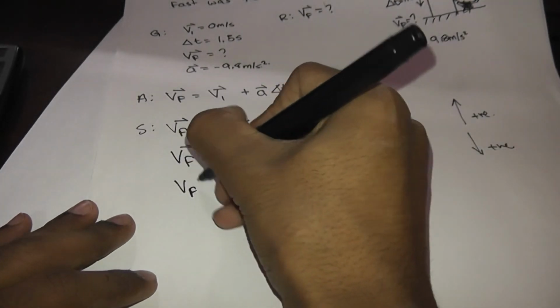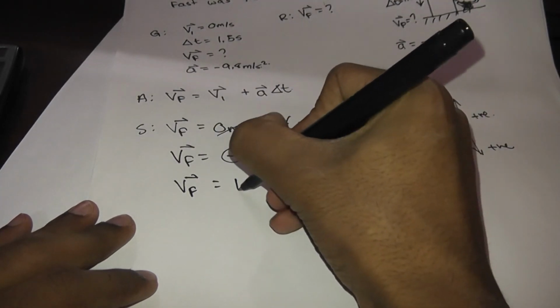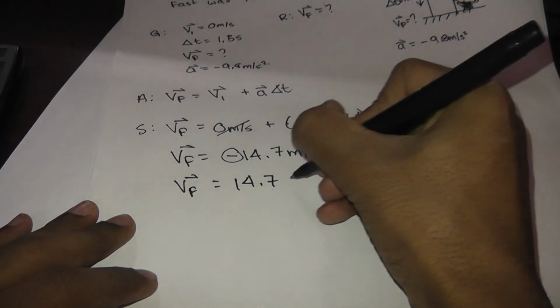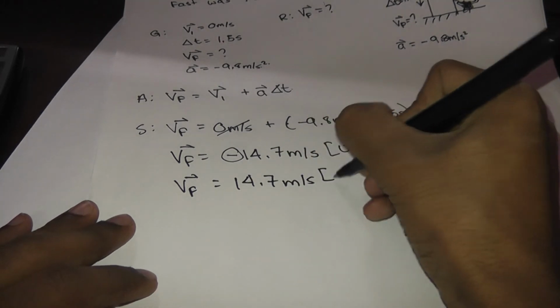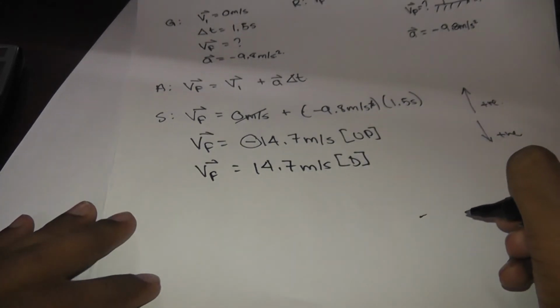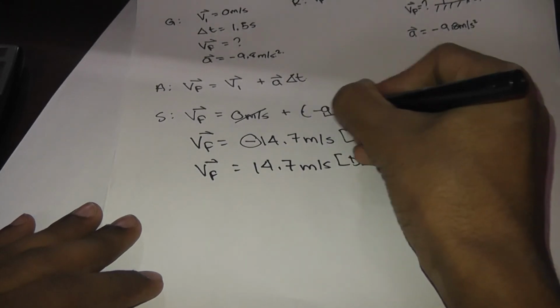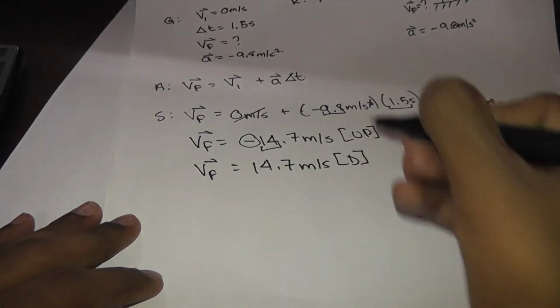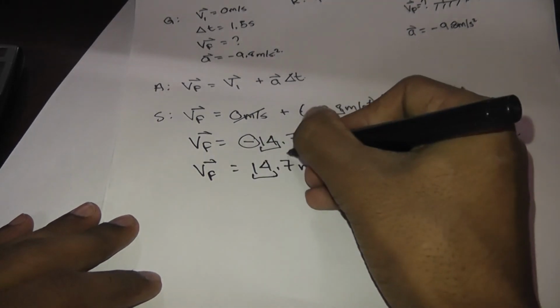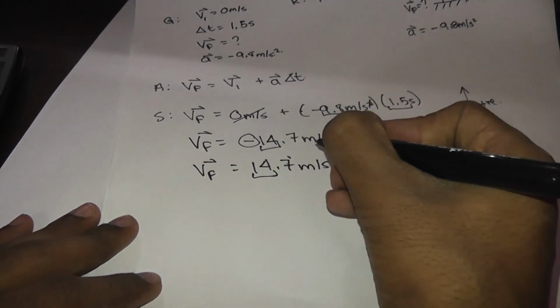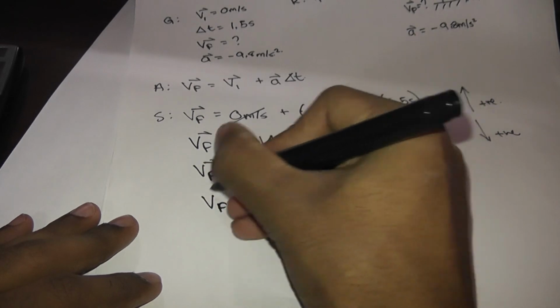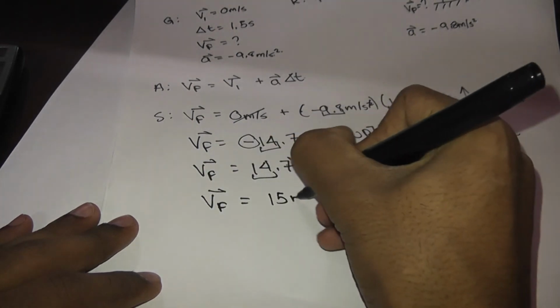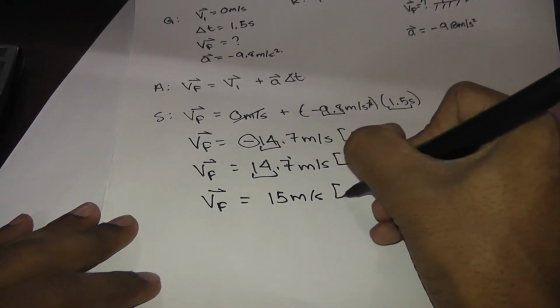Now we're going to just flip it around so we can get rid of the negative. And so we get 14.7 meters per second down. And if you look at significant digits, we're going to have to round this to 2 significant digits. So that means because this is above 5, we can round this to 15 meters per second down.